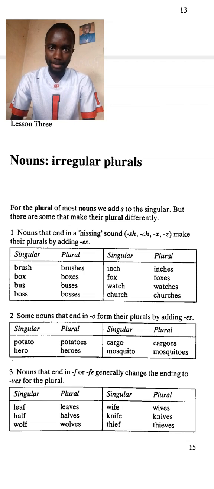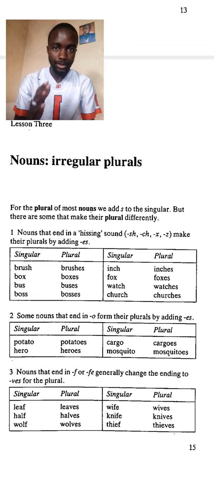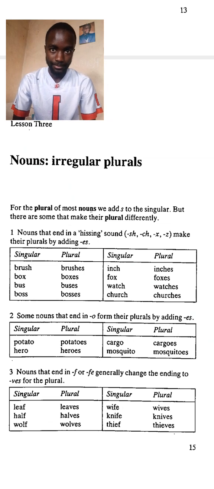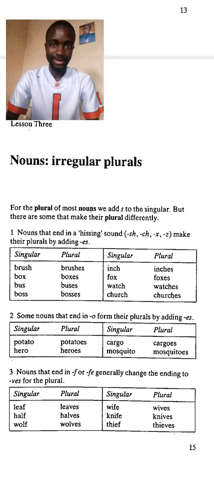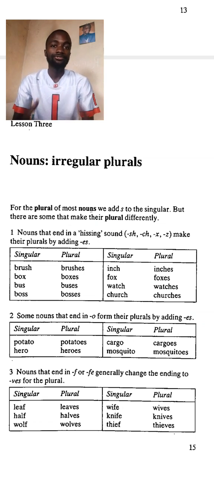What did we say about plurals? We said that when a singular word is changing to a plural word, that is noun, we just add an S to the singular noun. That's what we said. And that is true, but that is generally for most nouns.